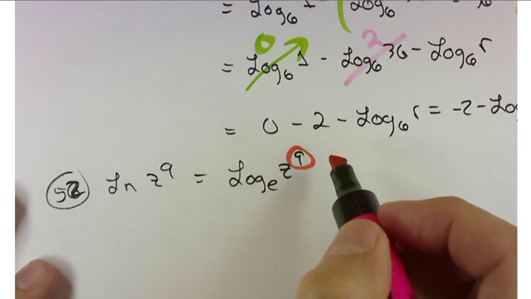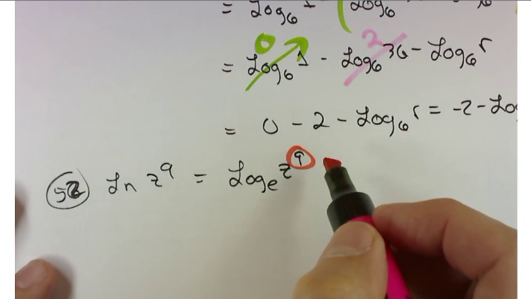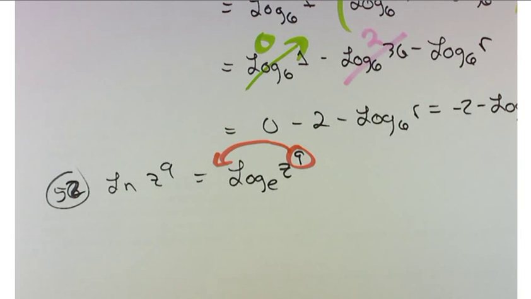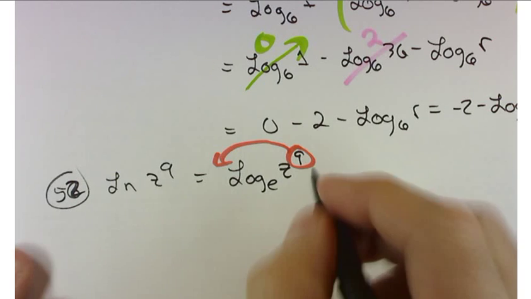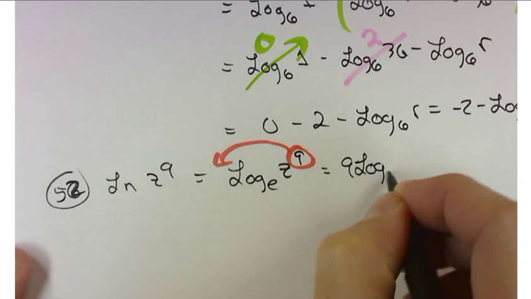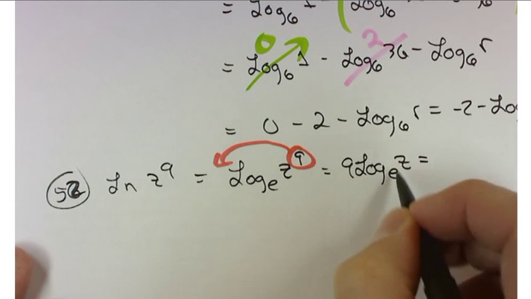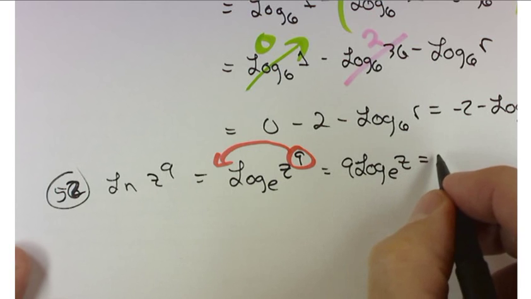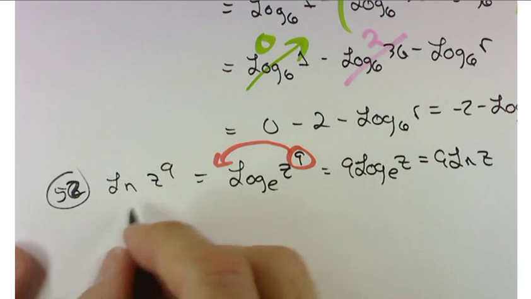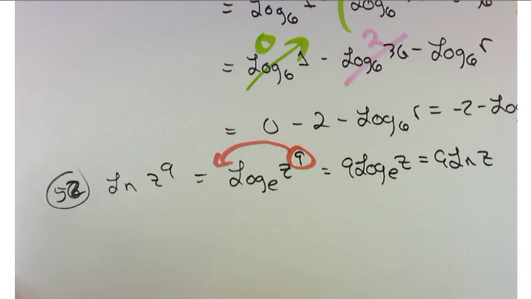Well, what should catch your attention is we've got an exponent. And earlier I said that this thing parachutes out in front. So this would be 9 times log base e of z. And there's really no reason to write it as log base e of z here. I'm just going to write it as 9 ln of z. You could have got the same thing here, 9 ln of z. The point of this one is just to try and get you familiar, comfortable with these exponents, these powers.